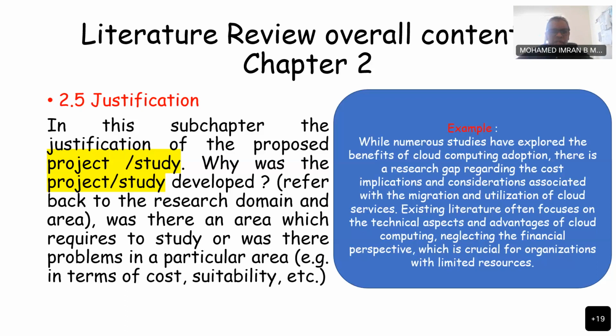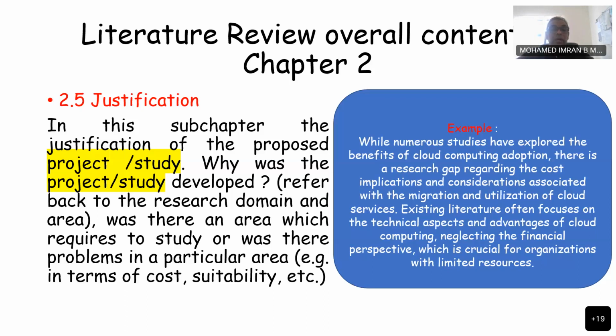Once you have done the justification subchapter, you are going to do the summary, which is 2.6. Again, 2.6 is just the summary. So what does the summary do? The summary just summarizes what you have presented in chapter 2, and you also have to have a short paragraph to explain to the reader what is expected in the next chapter. So you must always end your summary section in each chapter by telling the reader, yes, we have ended chapter 2, but there is more to come.